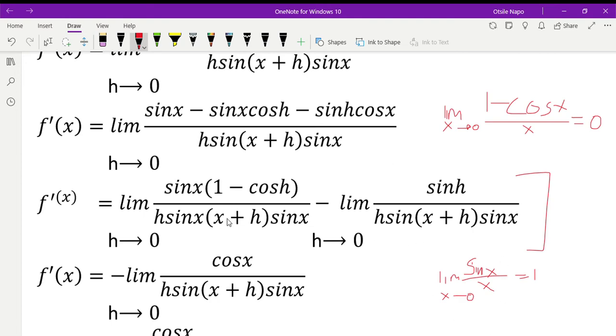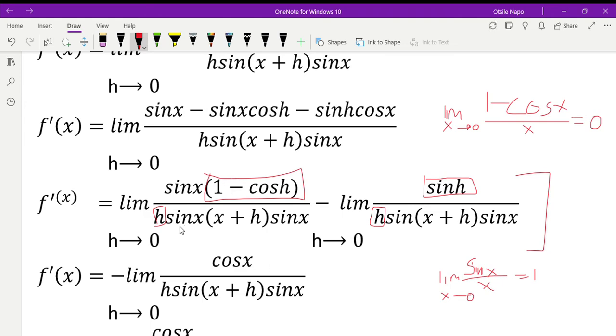So here we are having h, and we are having 1 minus cos h, and on this side we are having sin h, then we are having h here. Therefore this will give us 1 as our special case states, and this will give us 0.